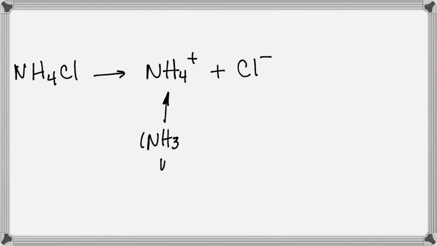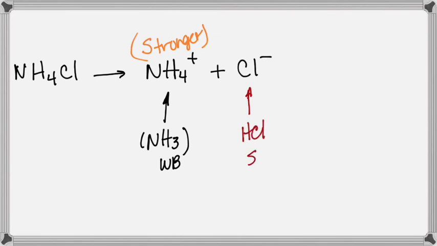So ammonia is a weak base, therefore expect the ammonium ion to be a stronger conjugate acid. The chloride ion, as you've seen earlier, would come from hydrochloric acid, which is considered to be a strong acid, so expect your chloride ion to be a weak conjugate base.